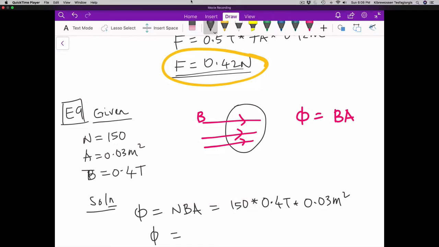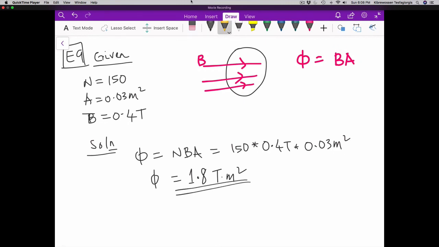Then do the multiplication, 150 times 0.4 times 0.03, and your flux is approximately 1.8 Tesla meter squared.